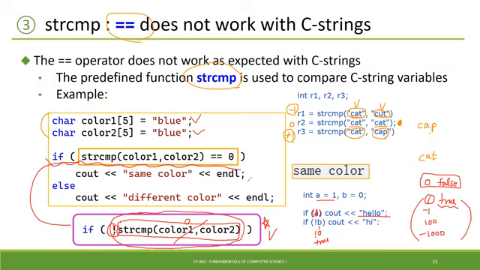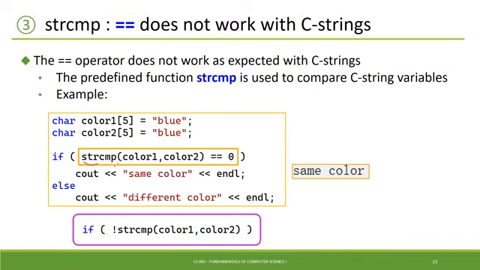So in this slide, you should know that if the result of the two string compare is 0, then it means true. The two are the same. And this is another way to write an if statement, to compare two strings and see if they are the same.